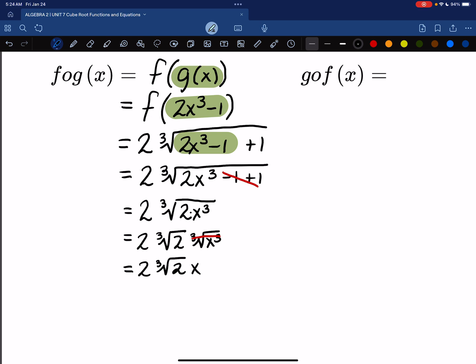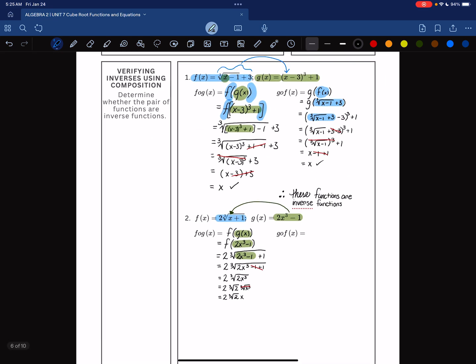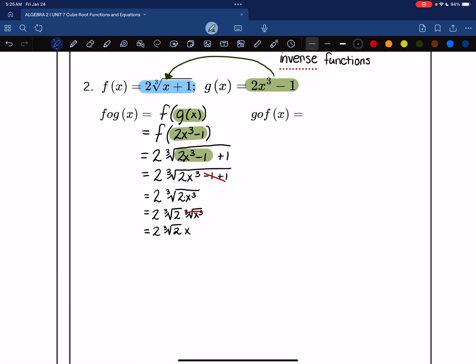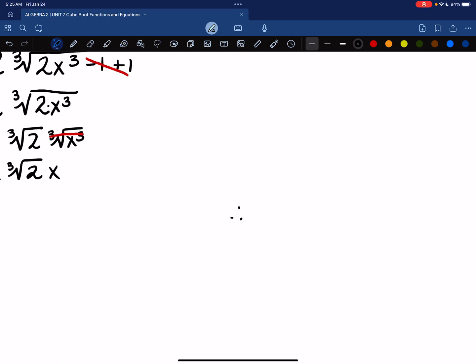This part right here, these two things, they are not opposite operations. It would have worked if I would have had 1/2, but this does not simplify to 1/2. So we're going to go ahead and stop because this is not like the one we saw above. What does this mean? We didn't do anything wrong. All this means is that these two functions are actually not inverses of one another. So let's make that note. We don't have to keep going.